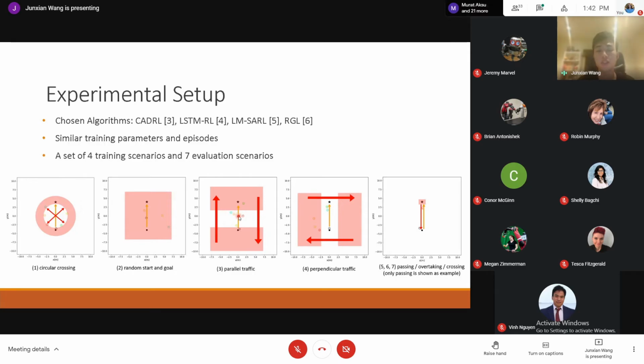As you can also see, the robots always have the same starting position and ending position in all of these scenarios. So these are the 4 training scenarios, and there are also 3 more scenarios that evaluate passing, overtaking, and crossing, the 3 social norms that I discussed before. These will only contain 1 other human, and they are for evaluation only, not for training.